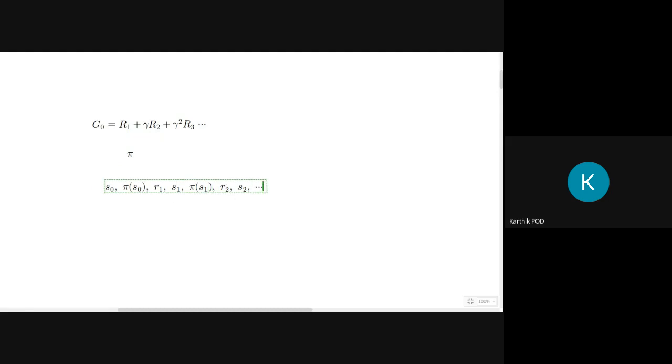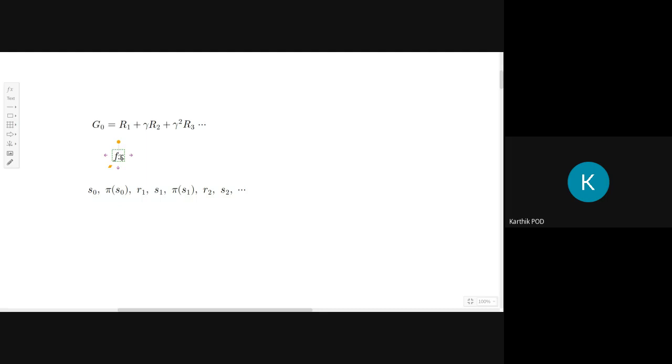So this is the notion of return. The return is nothing but a way to give you a sense of what is the long-term cumulative reward that you will end up getting. This factor gamma is an important one.